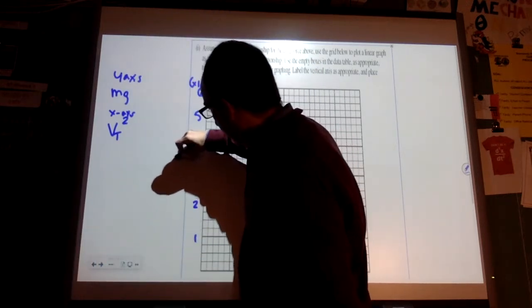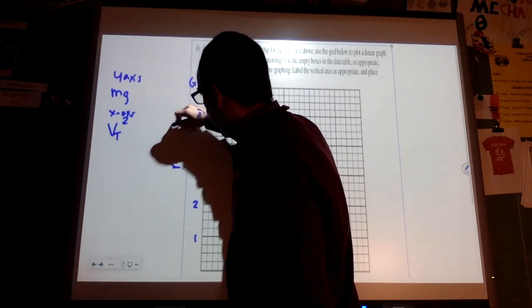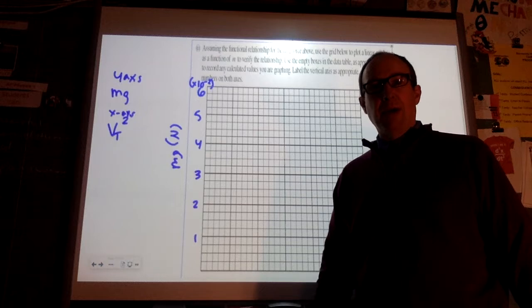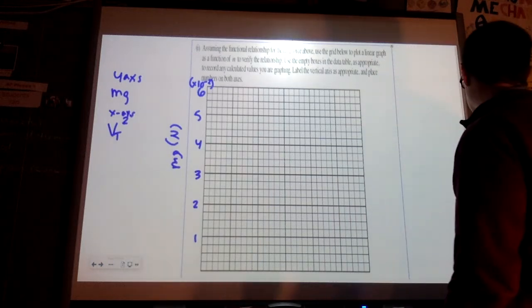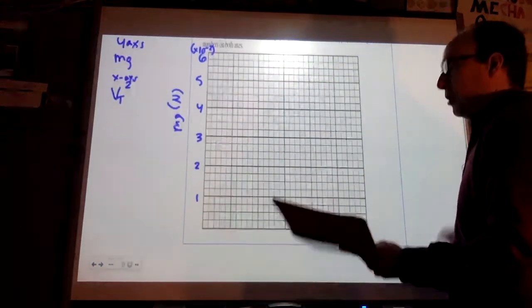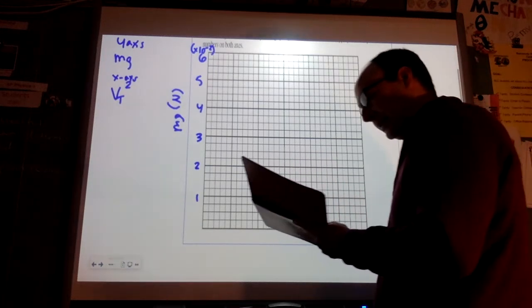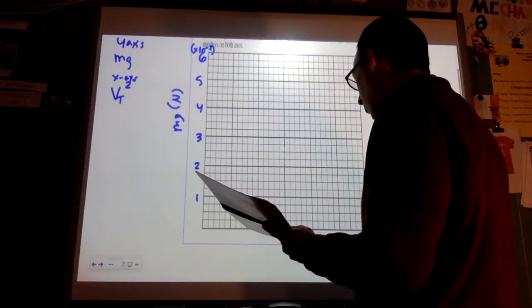Here I'm going to say this is mg in newtons. And you can always do this if it's easier, and that way you don't have to worry about exponents or decimals. Along the x-axis, it goes from 0 to about 1.1.